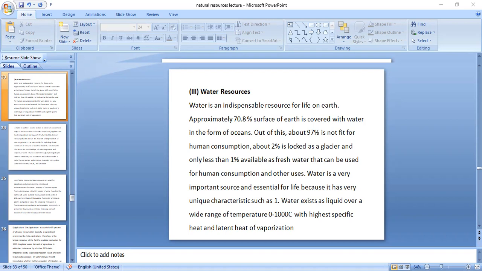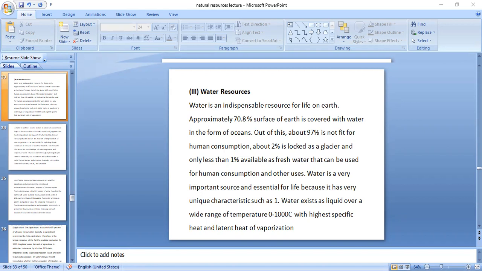Temperature increase affects the hydrological cycle by directly increasing evaporation of available surface water and vegetation transpiration.